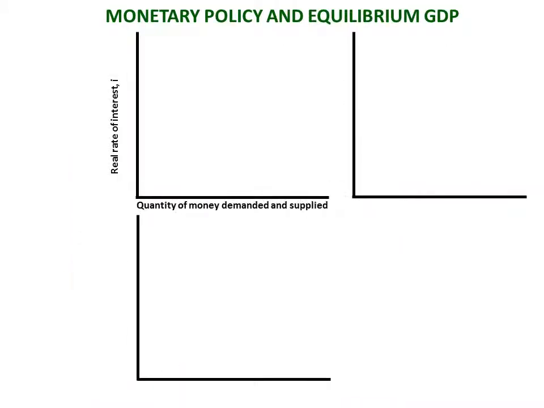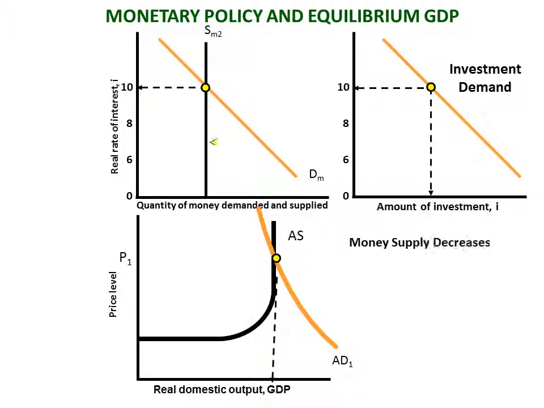So let's again look at this graphically. We see up top here that at SM1 the interest rate is 8%. But if the Fed sells bonds, increases the discount rate, increases the reserve ratio, or decreases the amount of term auctions available, all of these are going to decrease the amount of excess reserves that banks hold, which in turn will shrink the money supply.